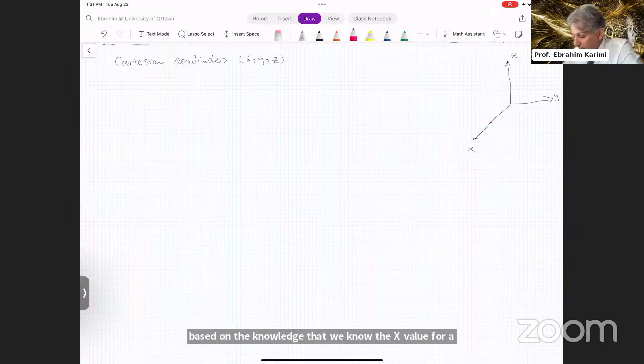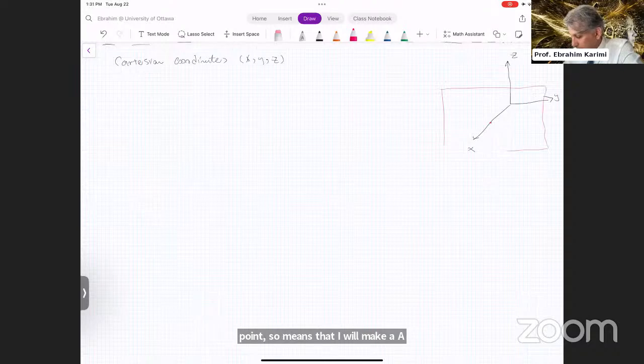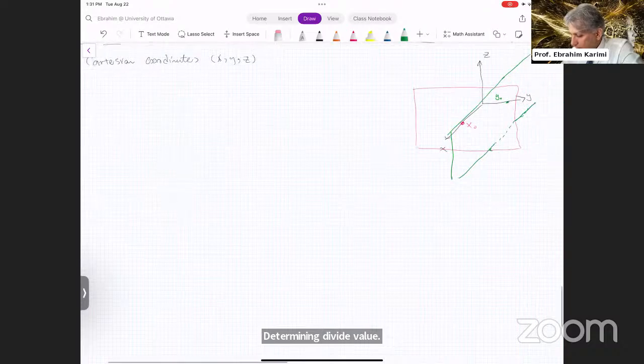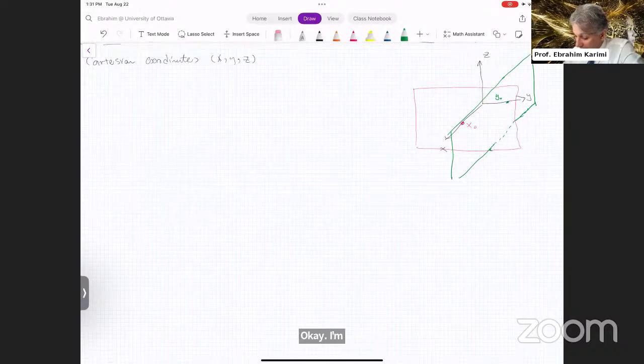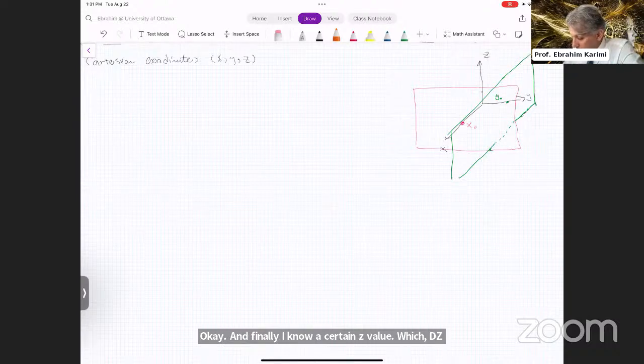So I will make a plane like this at a certain x value, x0. Then you know a y value, y0, and I will make a plane which determines the y value. And finally, I know a certain z value, for example here, z0. Let's go upper. Sorry, maybe it's better to go upper.